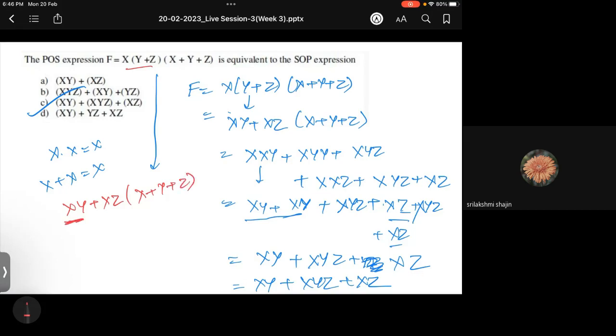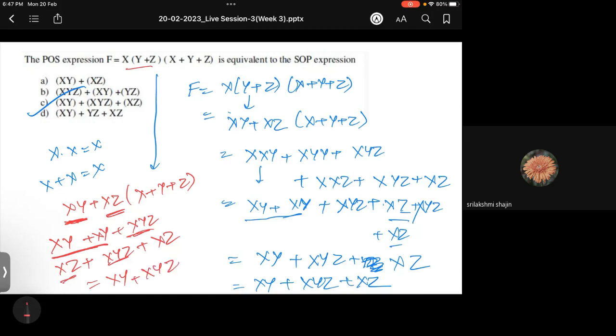So I'm multiplying these with this first. So it will give xy plus xy again plus xyz. And now this xz plus xyz plus xz. So xy are common, so this is xy. xyz is common, so this is xyz. And xz is common, so this is xz. So it is C only.